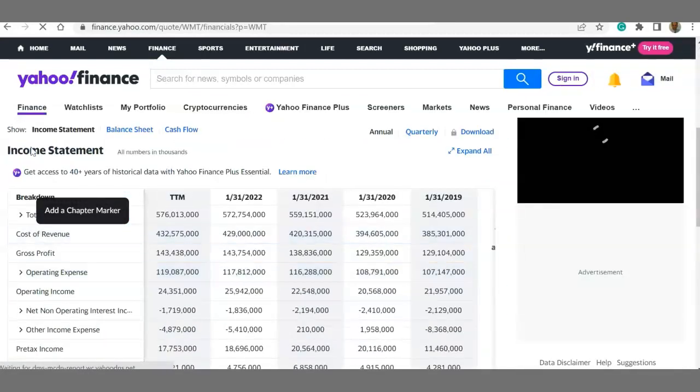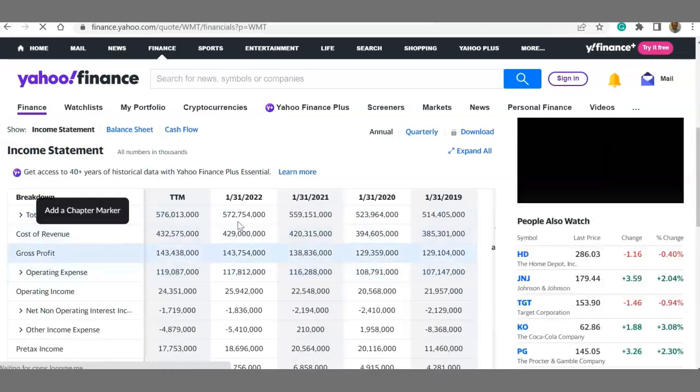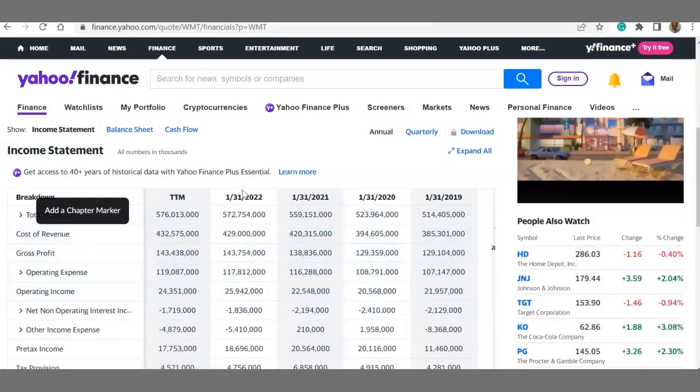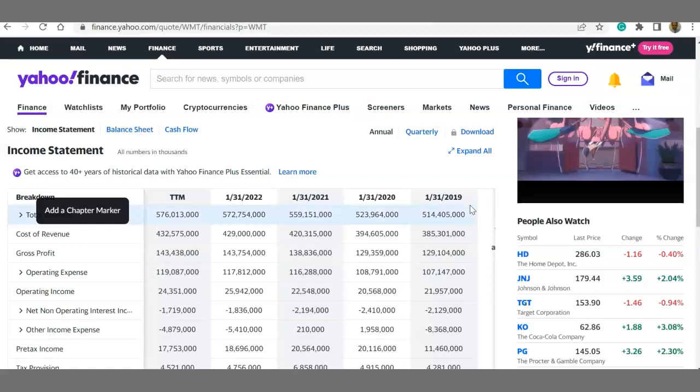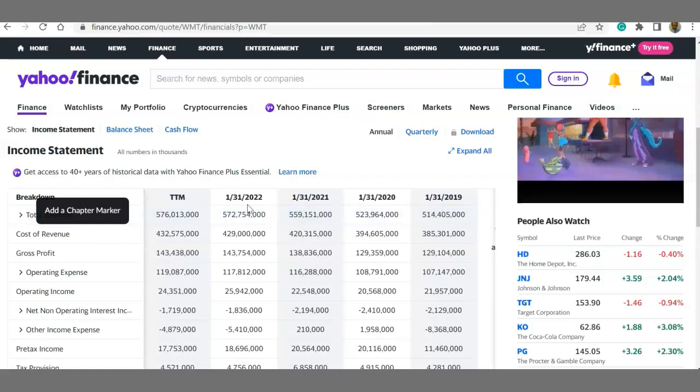The first thing it shows is the income statement, which is the latest one. You have to use the latest one, as of January 31st of 2022. You cannot use the data from previous years for your group financial presentation.